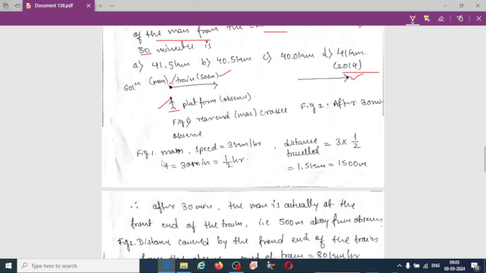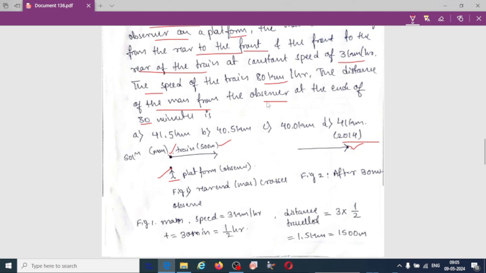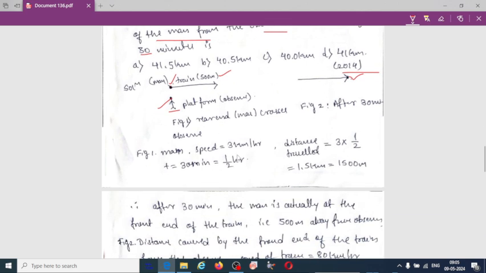So with what speed is he moving? 3 km per hour. Then time t is equal to how much? 30 minutes they have given. That is how much in hours? Half an hour. So the distance traveled by the man we can calculate, that is 3 into 1 by 2, how much? 1.5 kilometer.